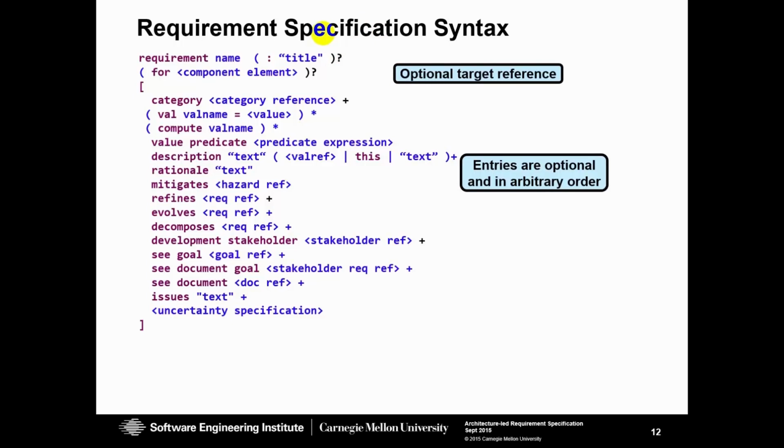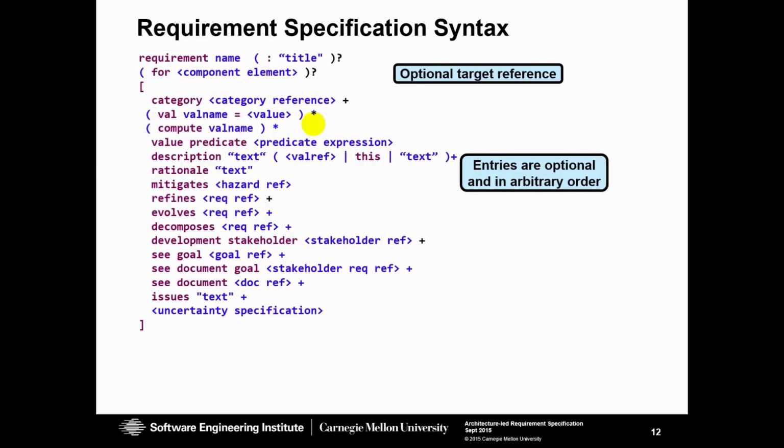The detailed data of the requirement specification is inside square brackets. The individual fields can be specified in arbitrary order, and all the fields are optional. Category is an example where the field takes multiple values; if you specify category, you specify one or more.